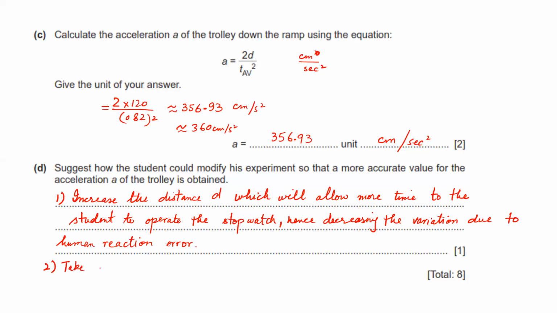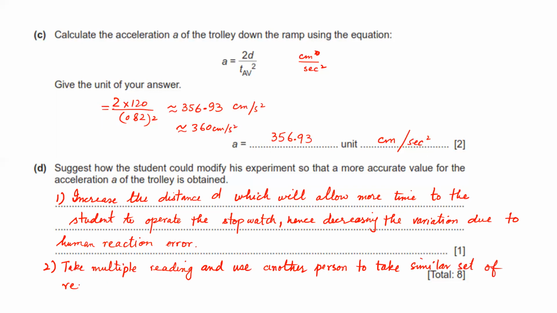Okay. The other is take multiple readings and use another person to take a similar set of readings, then take the average of both sets.